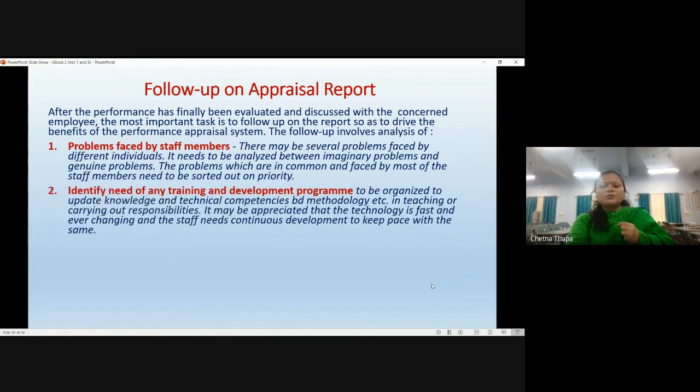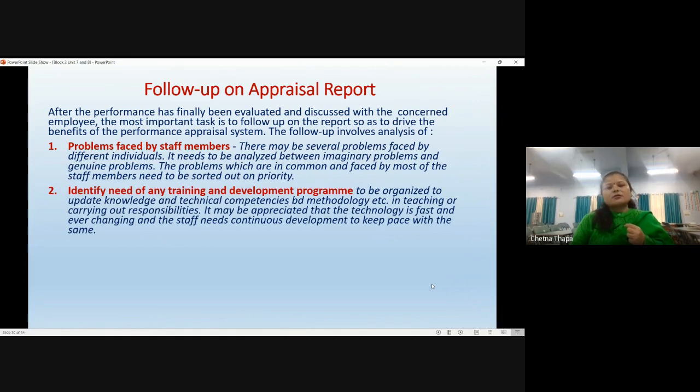Secondly, you need to identify the need for any training and development program. When you have listed the genuine problems which the maximum number of staff members face, you need to identify the need for training. It might be an updating of knowledge, technical competencies, or methodology in teaching and carrying out responsibility.